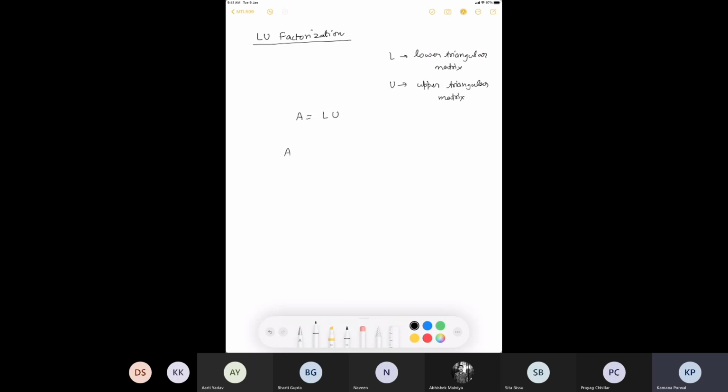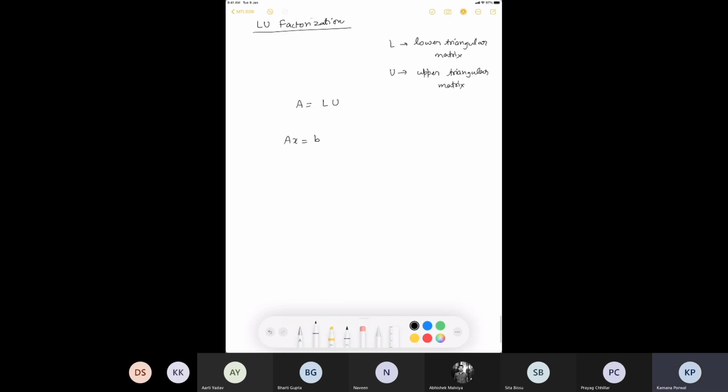Then if I want to solve Ax is equal to b, this becomes that you have to solve LUx is equal to b, right?